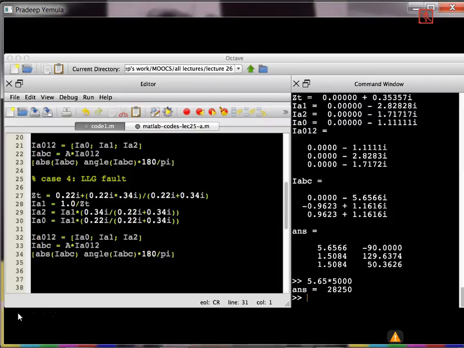So fault is triple line, balanced fault, then line to ground fault, line to line fault, and then line to ground fault. So how much current did I get in each case?